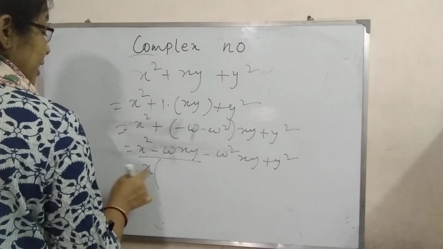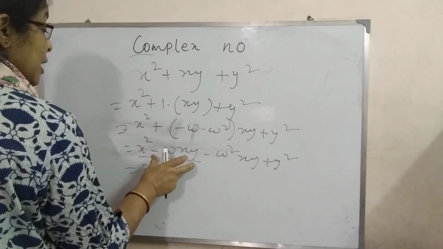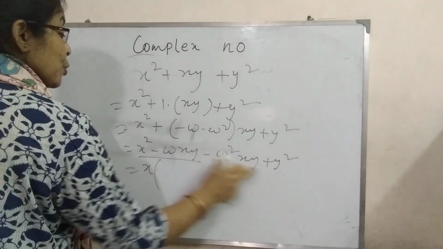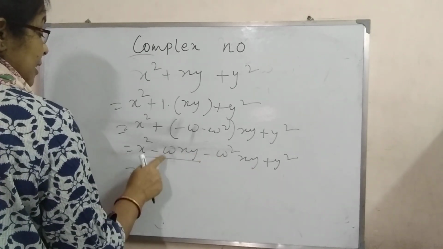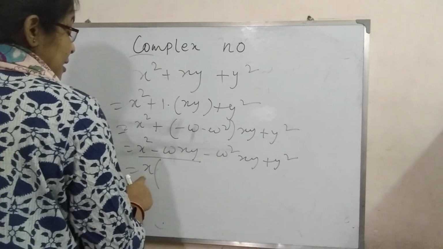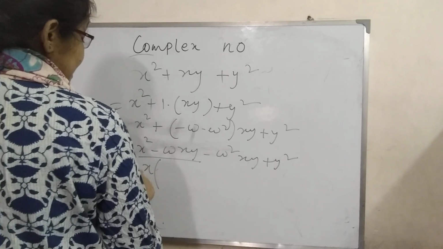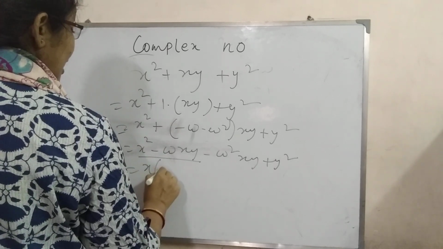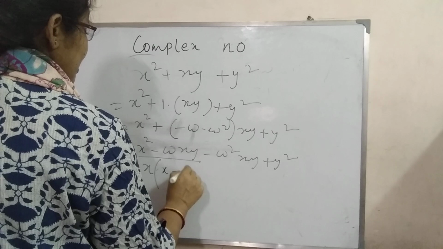I will divide it in two groups. I am taking x common from here, and I will get x minus omega y.